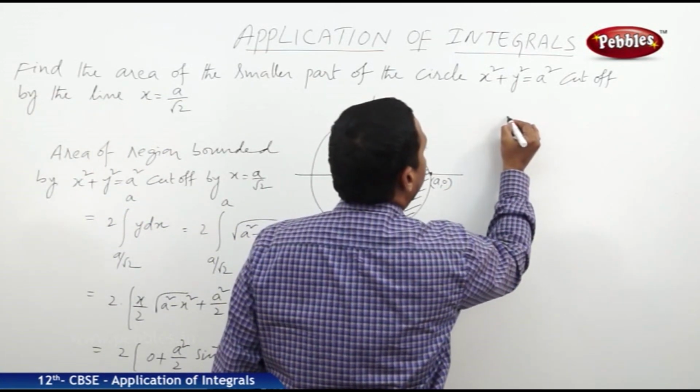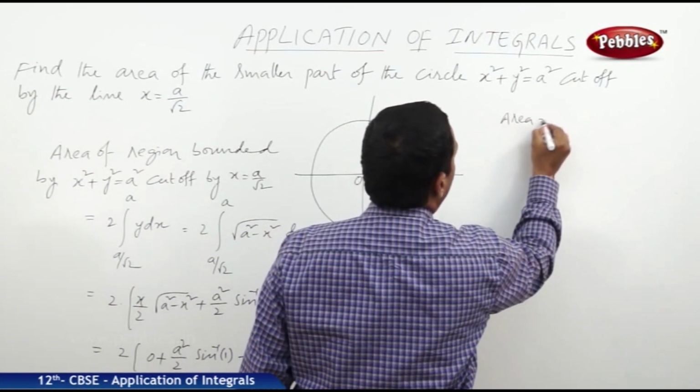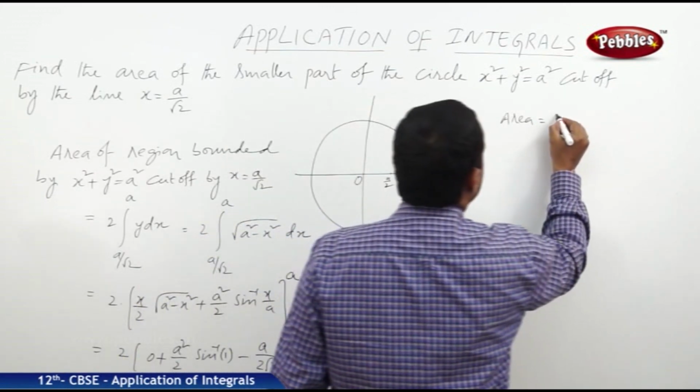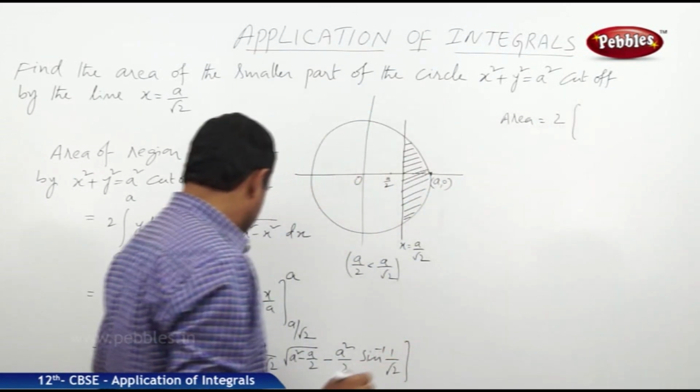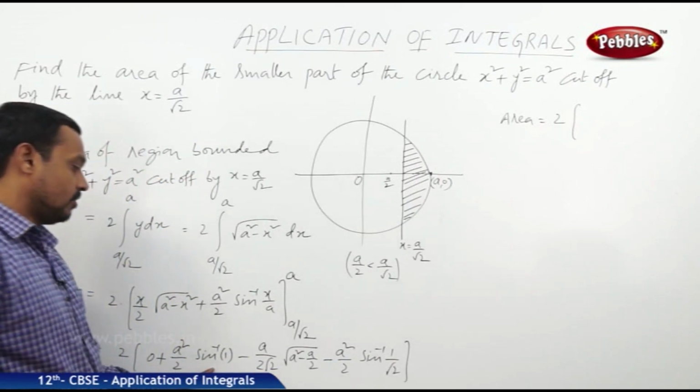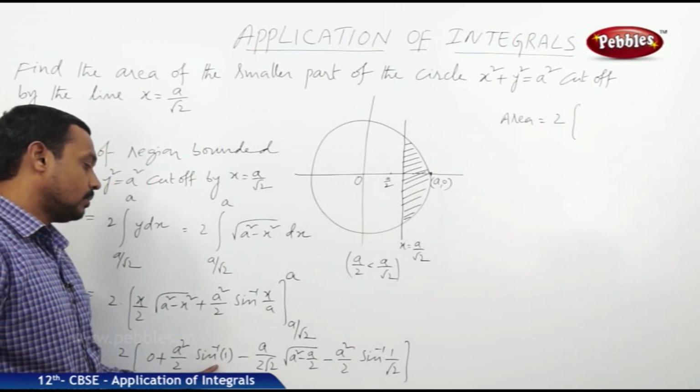Now the required area is equal to 2 times of a square by 2 into sin inverse 1. Sin inverse 1 is equal to what? Pi by 2.